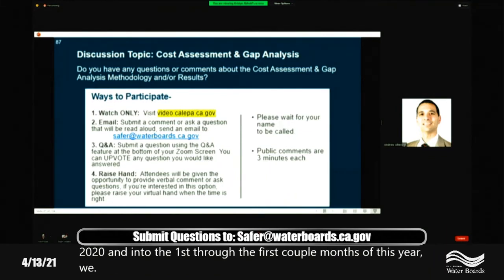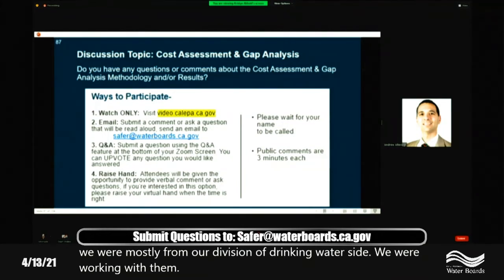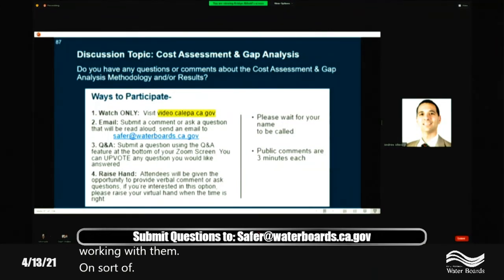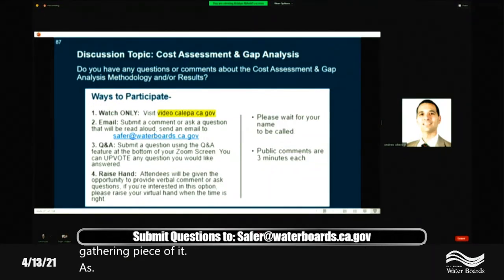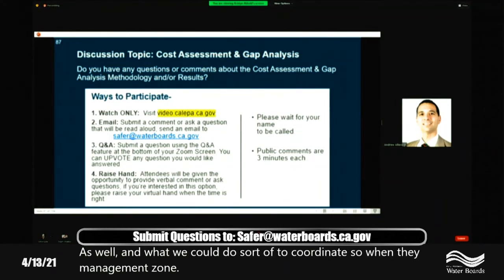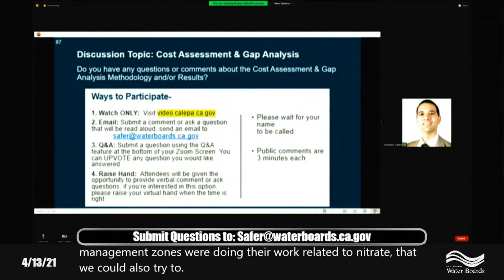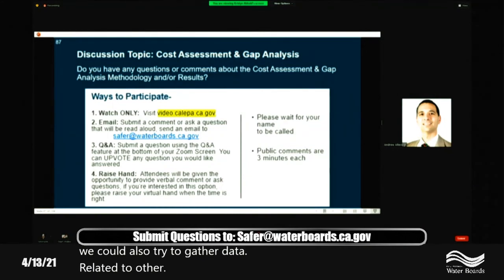From our Division of Drinking Water side, we were working with them on sampling protocol type issues and things around coordination of sampling of domestic wells and the data gathering piece of it, as well as what we could do to coordinate. So when the management zones were doing their work related to nitrate, we could also try to gather data related to other constituents of concern in the groundwater.